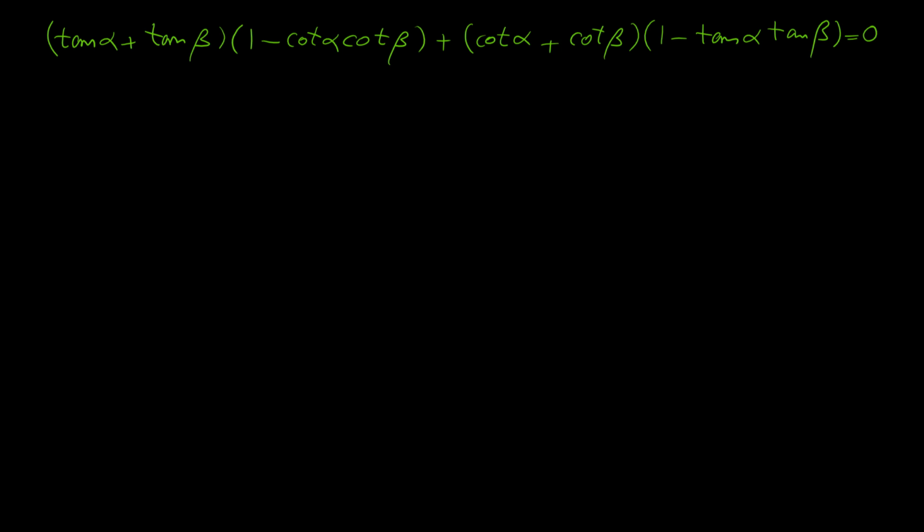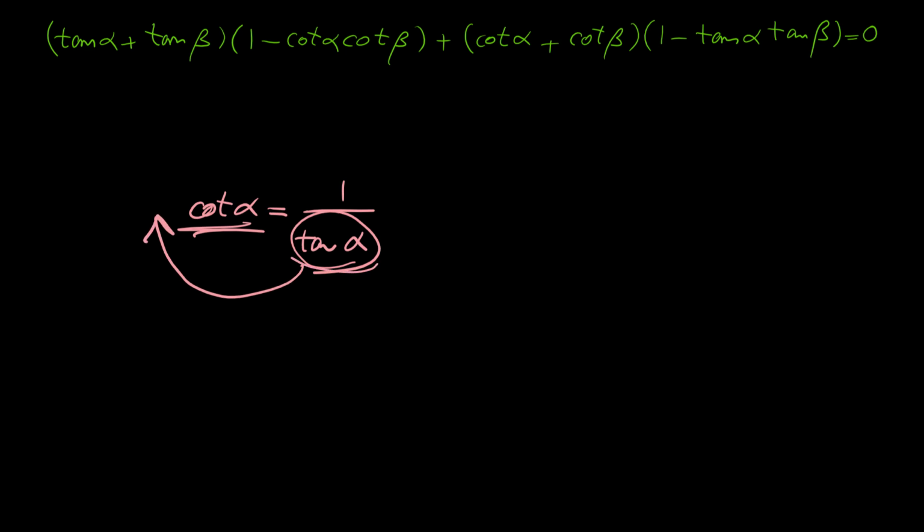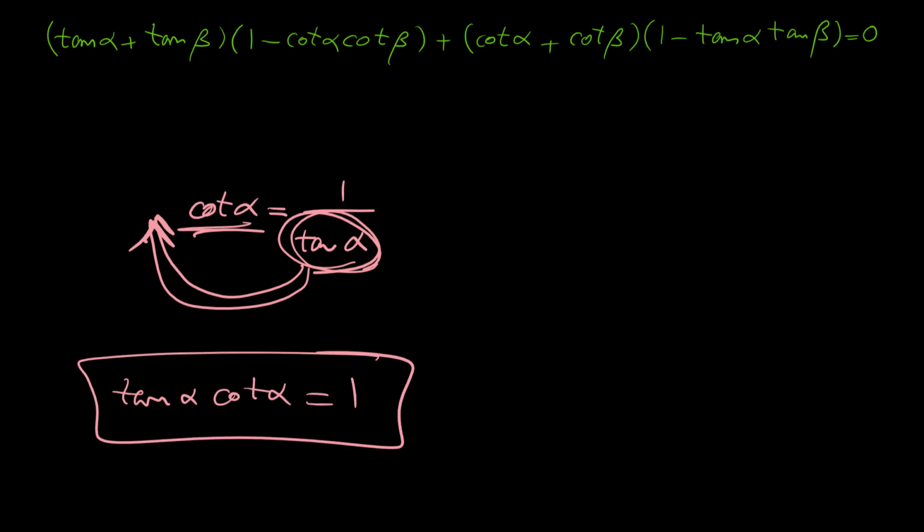The other thing that you can keep in your head is that cotangent and tangent are reciprocal of each other. You know this. Cotangent is 1 over tangent. So if we do a cross multiplication, tangent alpha times cotangent alpha is always 1, which makes sense because these are reciprocal of each other.